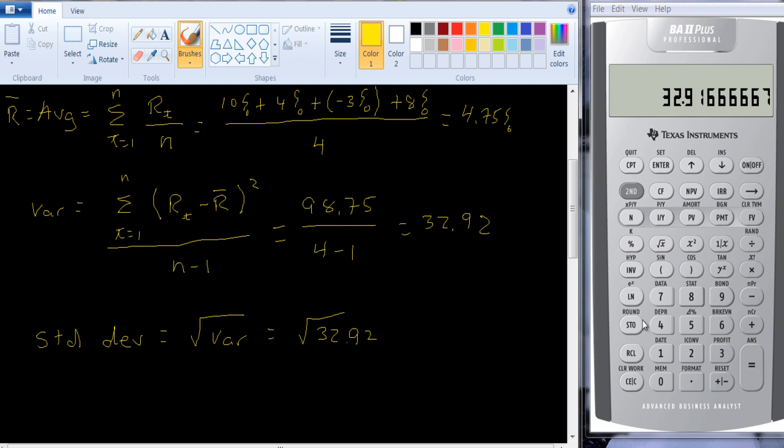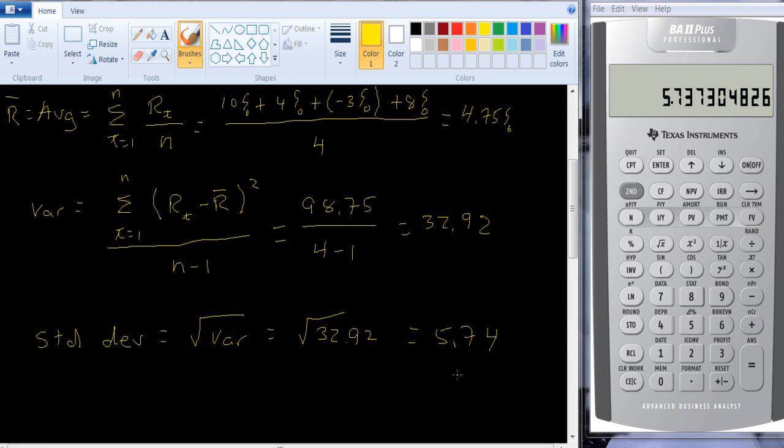Let's just hit the square root key, and we get a standard deviation of 5.74. So this gives us an idea of how spread out we are around the average. Oftentimes we'll use this in finance. We'll use the average return as a measure of what return we expect to get, perhaps an expected return, and we'll use the standard deviation as a measure of risk.